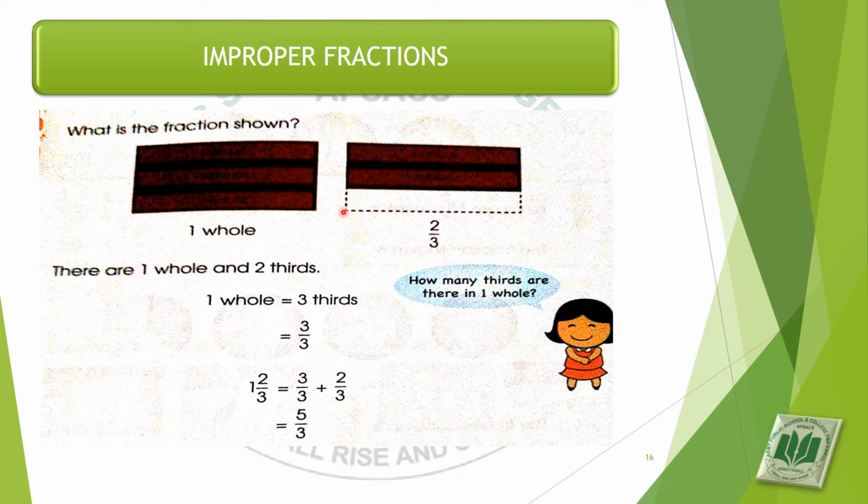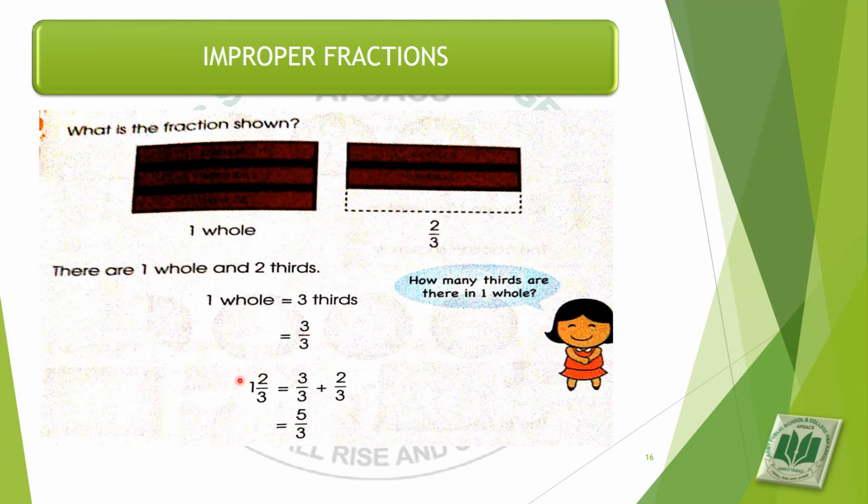So, how will we find our fraction? There is 1 whole and 2/3. You can see this is 1 whole and this is 2/3. And we have divided this 1 whole into 3 equal parts. 3 equal parts mean we get 3/3, that is 3 by 3.